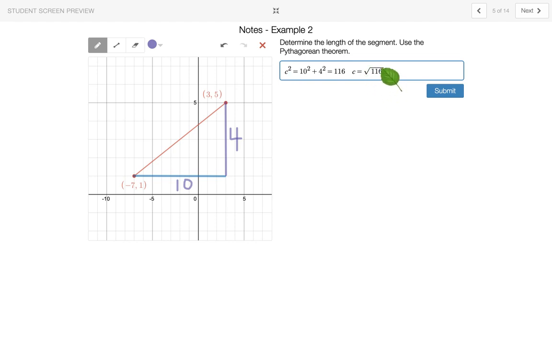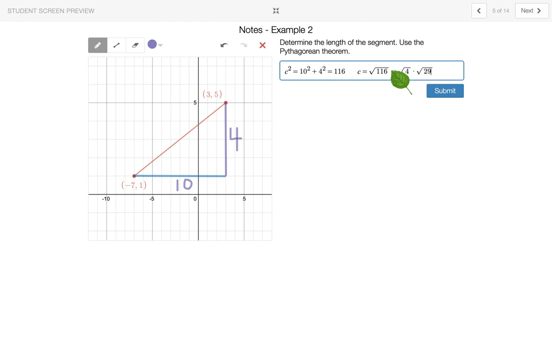Okay, now we just need to figure out, is there a way that we can simplify the square root of 116? Well, the square root of 116 is the square root of 4 multiplied by the square root of, now let's think about this. What do we multiply 4 by to get 116?